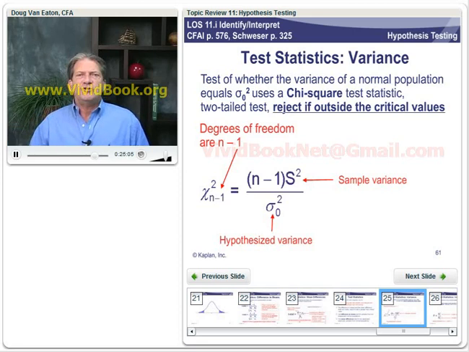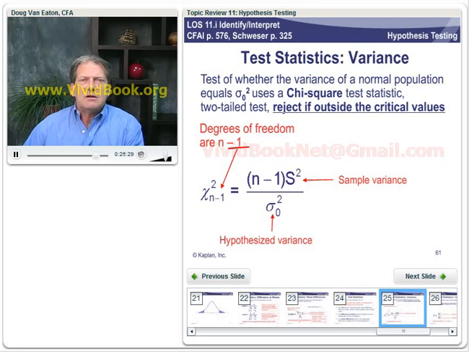This is a two-tailed test because we're testing whether the variance equals, for example, 7. So we're going to reject if the variance is statistically significantly less than 7 or significantly greater than 7. So this is a chi-squared test statistic with n minus 1 degrees of freedom.